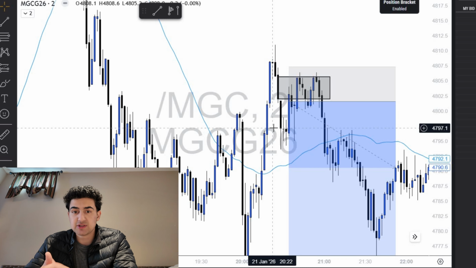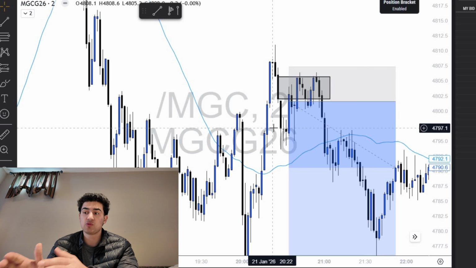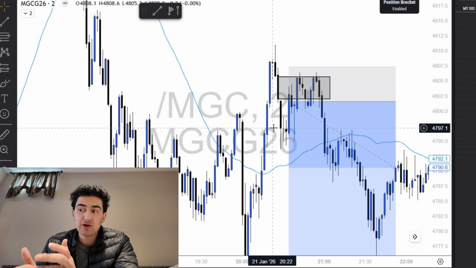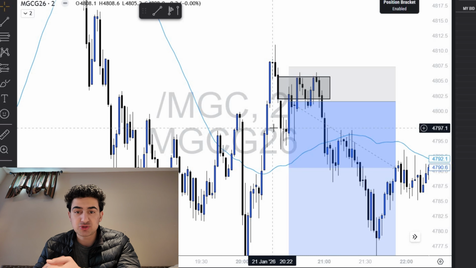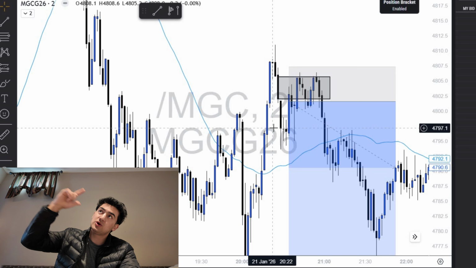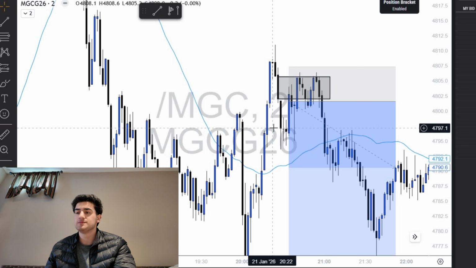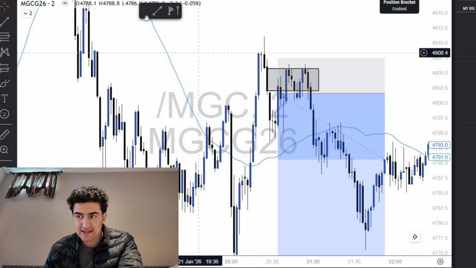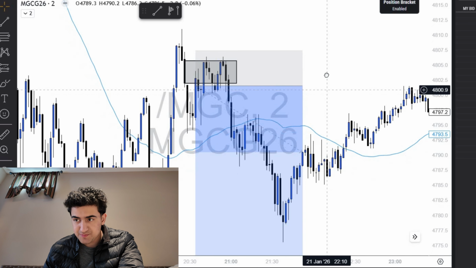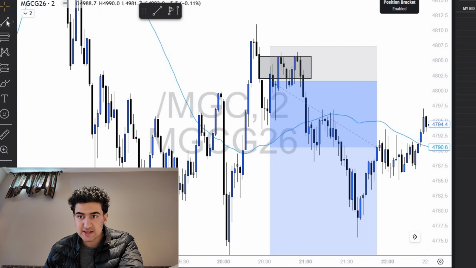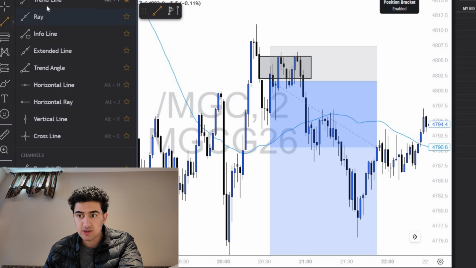So that's basically what it is, and in this video we're gonna talk about this trade I took and how you guys can get the same trade, selling it when it's high and buying it when it's low. Basically, right here we see we have these liquidities. Let me make a mark.